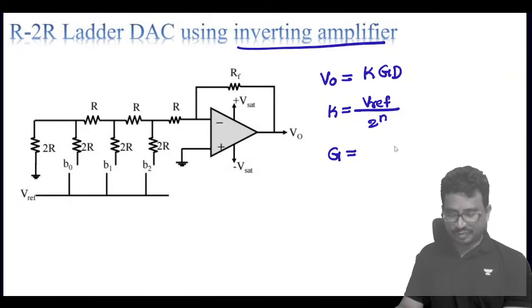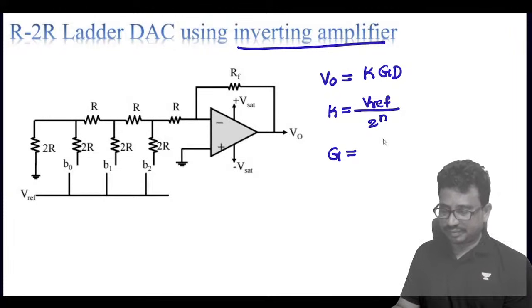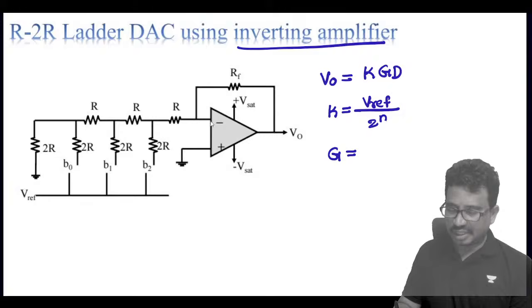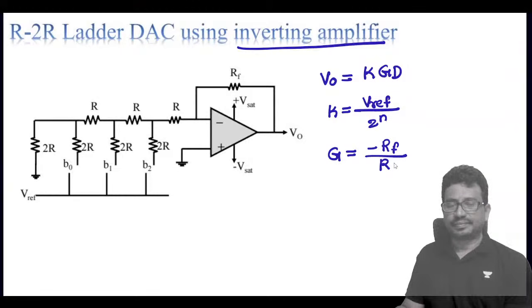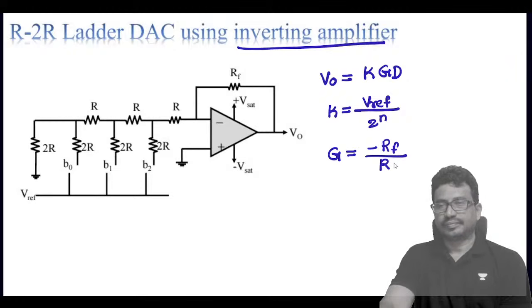In the inverting case, this is minus RF by R, and D is the decimal equivalent.